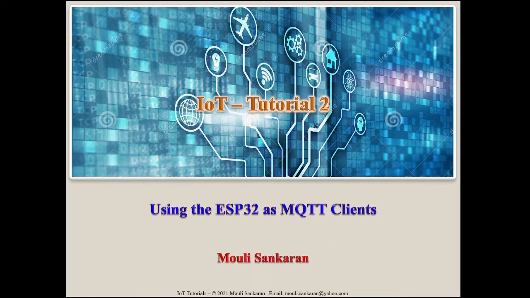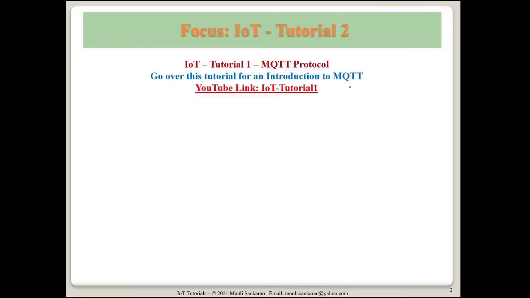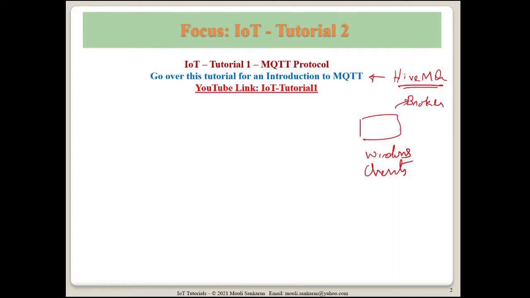Here, as a continuation of what you saw in tutorial 1, which gave an overview of MQTT, we used HiveMQ, a cloud service where we ran an MQTT broker, and we used Windows to access the broker either as a publisher or as a subscriber.